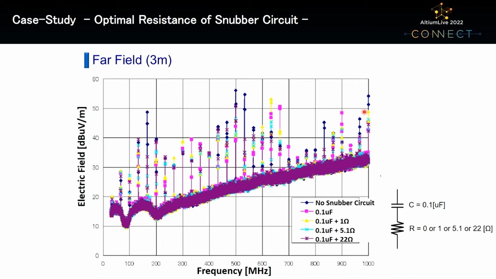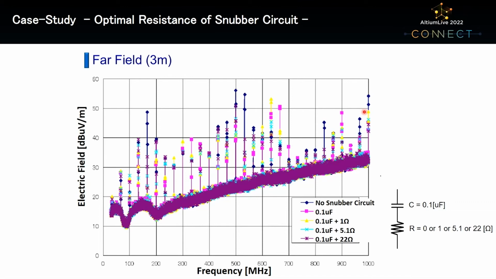The snubber circuit is a series circuit of 0.1 microfarad and 1 ohm. In the fourth case, the resistance value of the snubber circuit in the 4 corners is 5.1 ohms. In the fifth case, the resistance value of the snubber circuit in the 4 corners is 22 ohms.